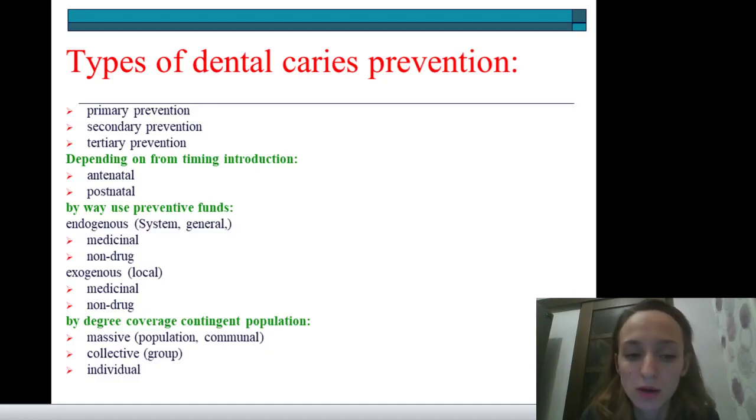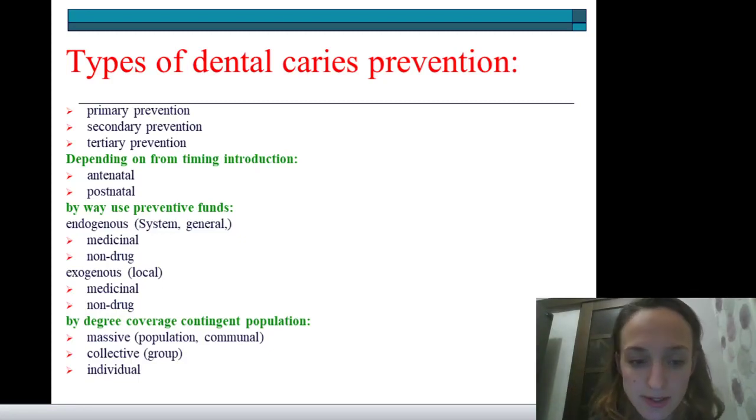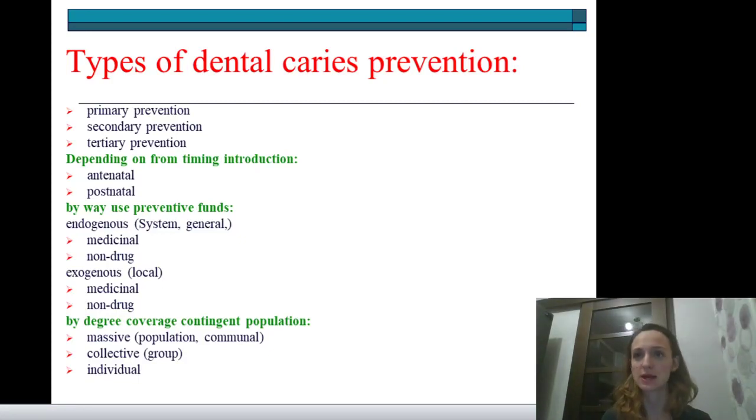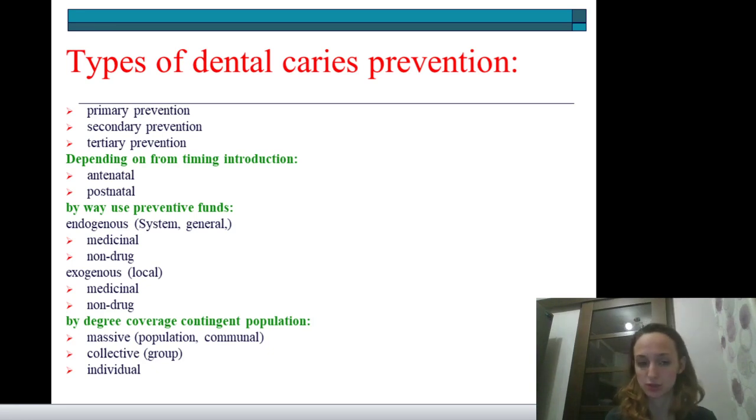By the means used, it is endogenous, so systemic or general, and exogenous, so local. By the degree of coverage of the population, it can be population, group, and individual prevention.